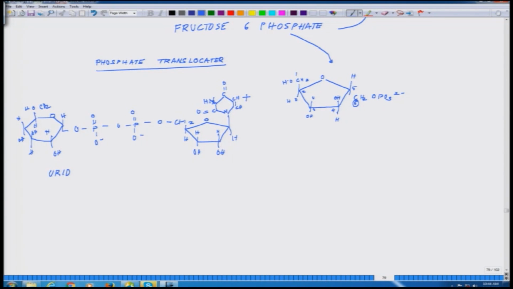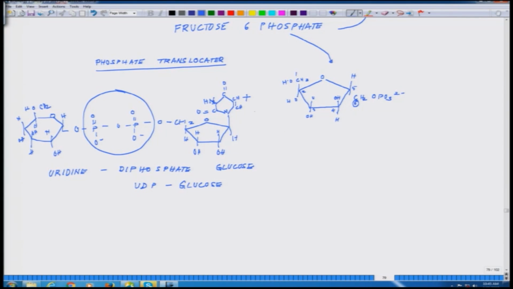Okay. So, this is called uridine. There is a uridine group attached, diphosphate glucose. This is also called UDP. So, you have the diphosphate out here, diphosphate glucose, and there is a uridine attached to it.